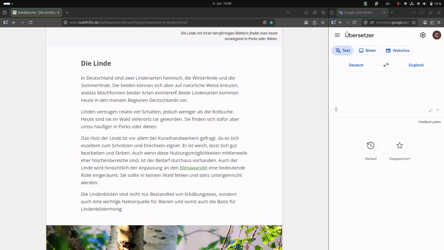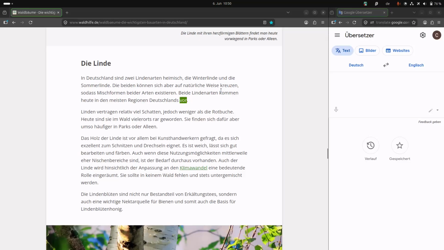So, beide Lindenarten kommen heute in den meisten Regionen Deutschlands vor. Beide, both, Lindenarten, linden tree species, kommen, come, heute, today, or rather nowadays in this case, in den meisten, in most, Regionen, regions, Deutschlands, of Germany, vor.